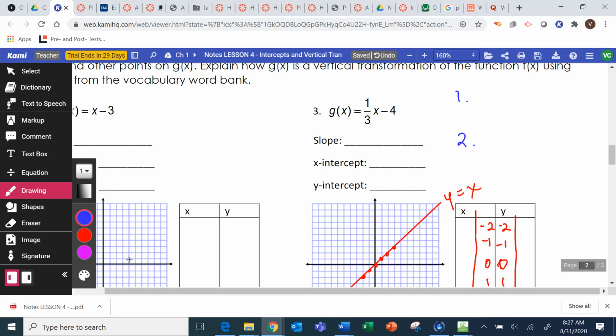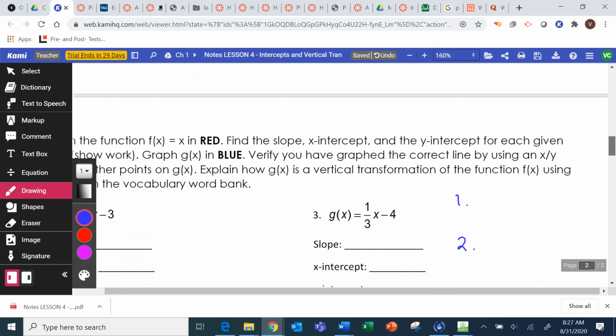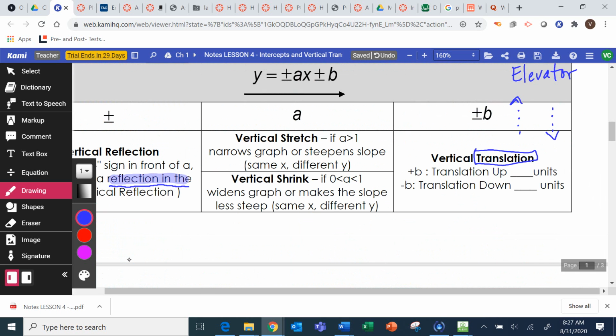Okay, so the 1/3 is a number that is being multiplied by the x. So we look at this table, and the a value, the thing that's being multiplied by the x, which we know is the slope, is either a vertical shrink or a vertical stretch. So then we use common sense. If the number is 1, it is the same slope as the original y equals x line.